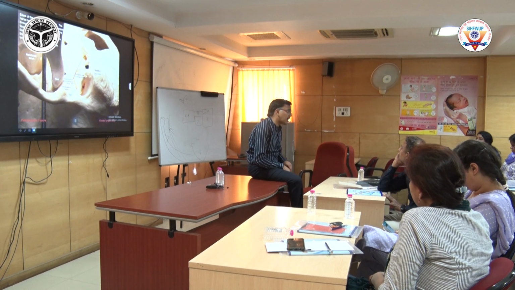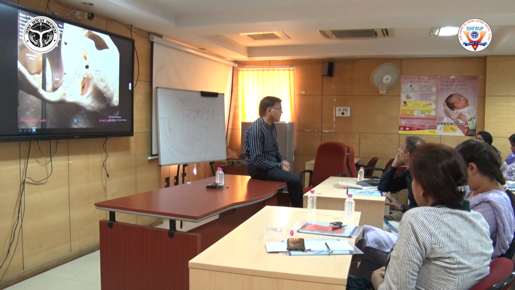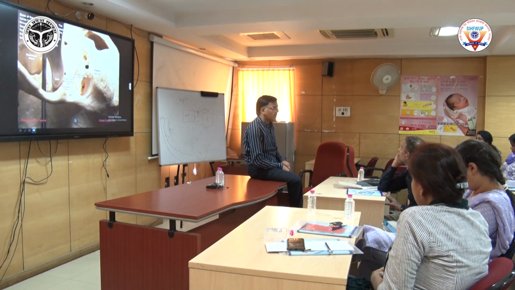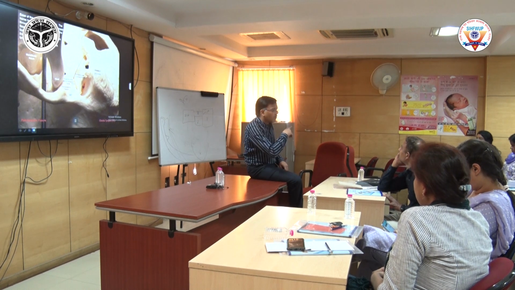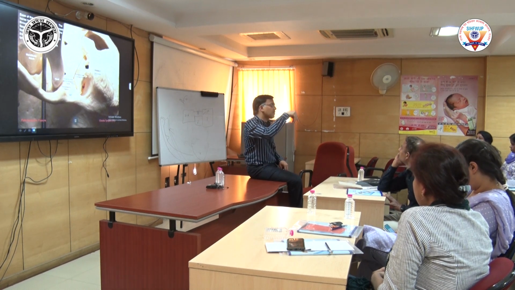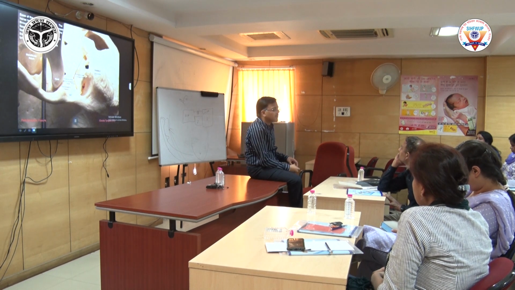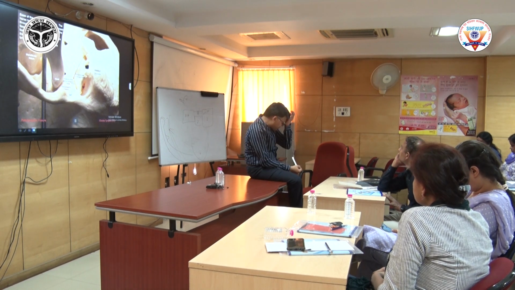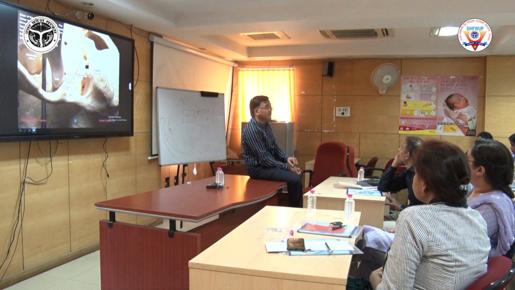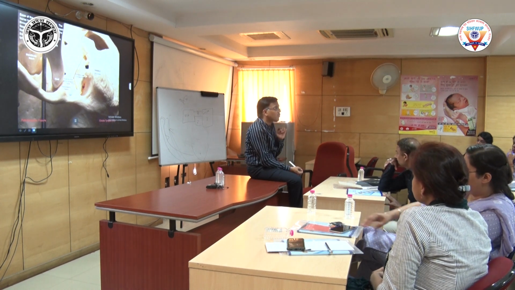Type B is when it involves the internal carotid artery also. Type C is when it involves the petrous apex and extensive parts of the infratemporal fossa, everything. But today's topic is not the Fisch approach, my topic is the transnasal endoscopic approach.